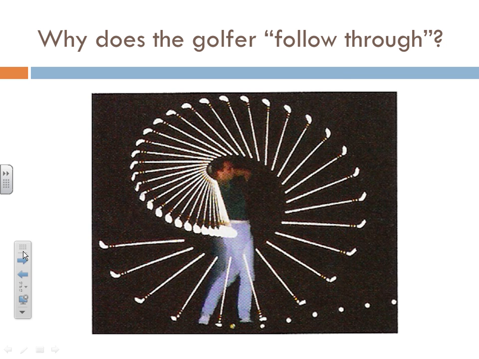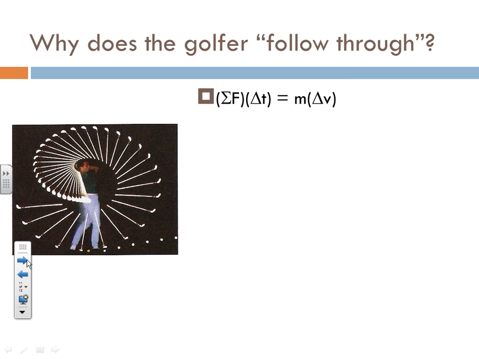Why? Well, if we first look at our impulse momentum equation, in the case of hitting a golf ball, hitting a baseball, throwing a softball, hitting a tennis ball, throwing a football, generally in all those cases, what do we want to do with delta V? Increase it, right? We want to make it as big as possible.